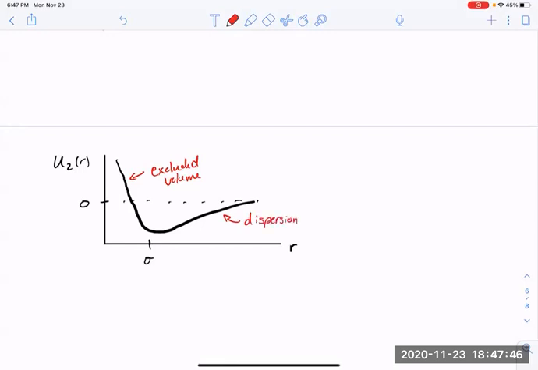Now, excluded volume, probably more likely than not, is going to go exponentially due to wave function overlap. Dispersion, you know how it goes like 1 over r to the 6. And importantly, as r goes to infinity, u2 of r will go to 0.